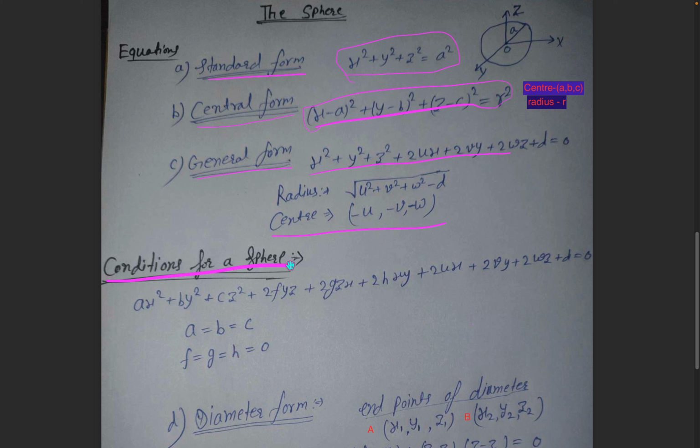And the condition for a sphere: this is the general second degree equation, and this can represent a paraboloid, an ellipsoid, or a pair of planes. When will it represent a sphere? If the coefficient of x square, the coefficient of y square and the coefficient of z square are equal, here the coefficient of x square is a, of y square is b and of z square is c, then a, b, c are equal.